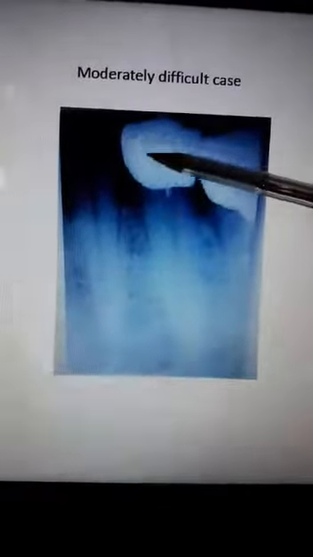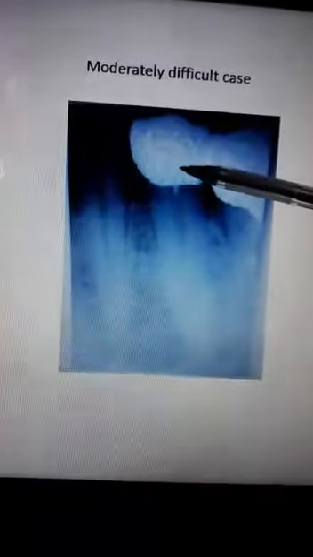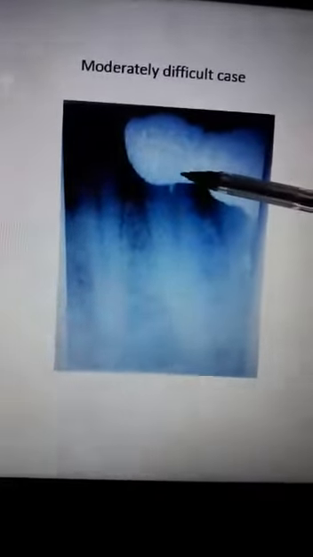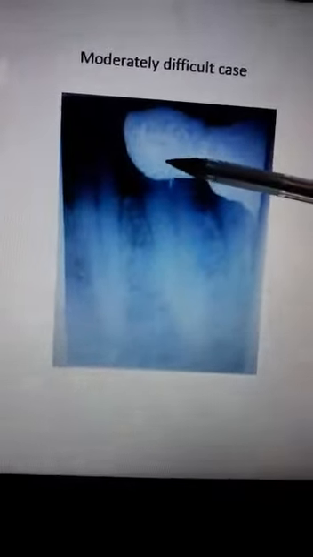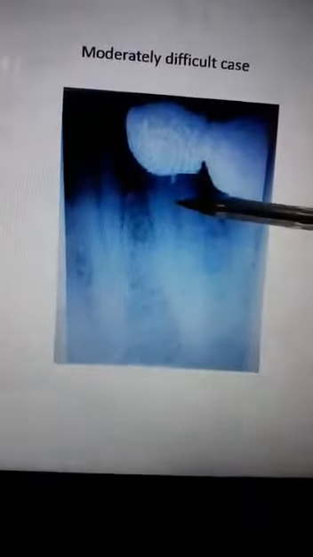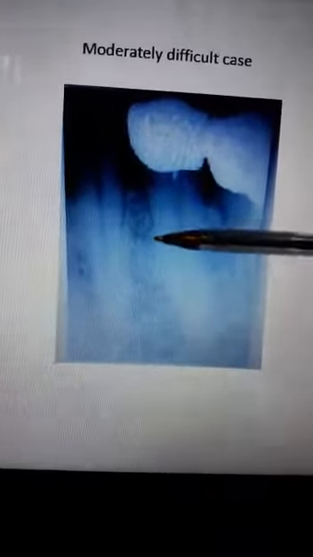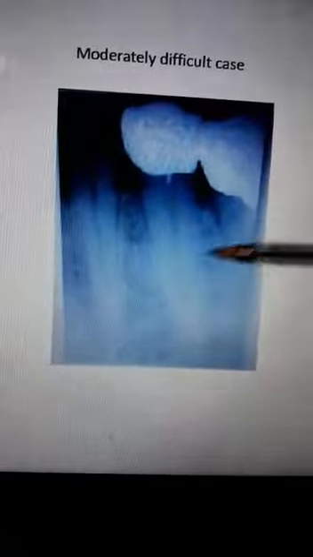He's got a porcelain fused to metal crown. The risk is that the porcelain can fracture during access preparation, and the orientation of the crown may differ significantly from that of the root. That is why this case has been categorized as moderately difficult.